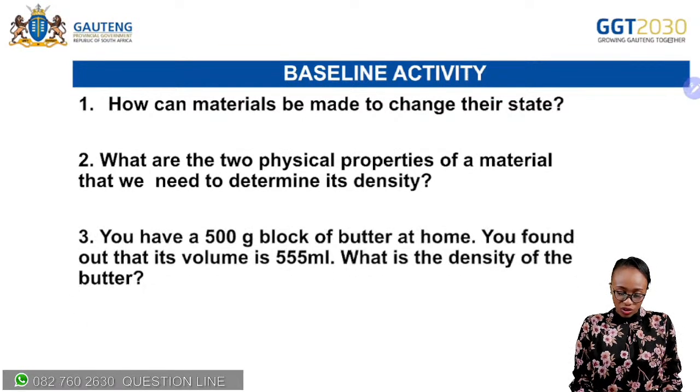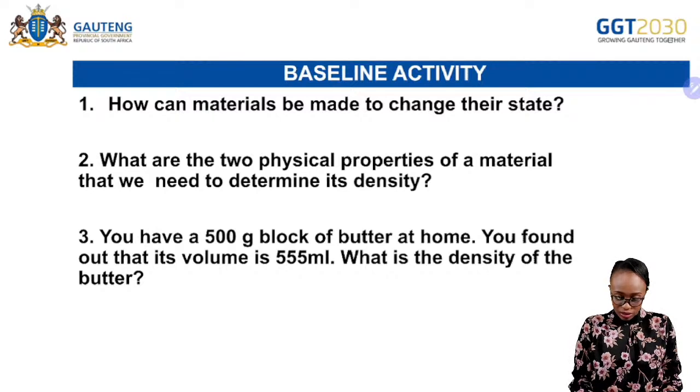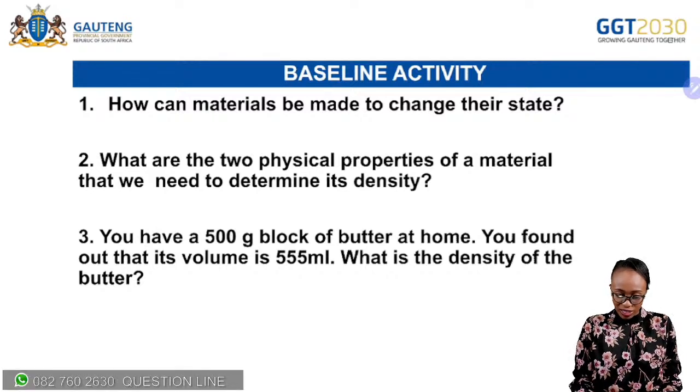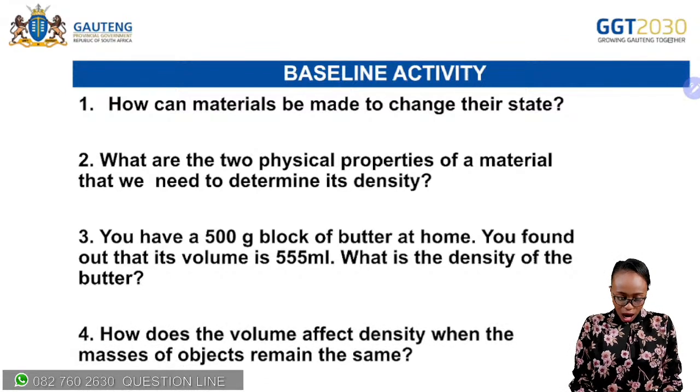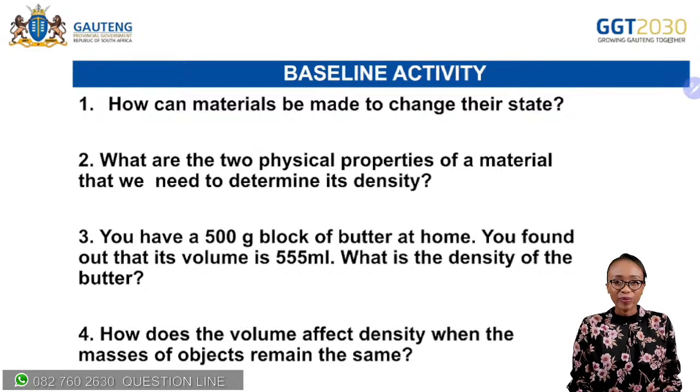The third question reads, you have a 500-gram block of butter at home. You found out its volume is 555 mils. What is the density of the butter? And then the fourth question, how does the volume affect density when the masses of objects remain the same? So I'm going to give you 4 minutes to answer these questions, and then we'll look at the solutions together.